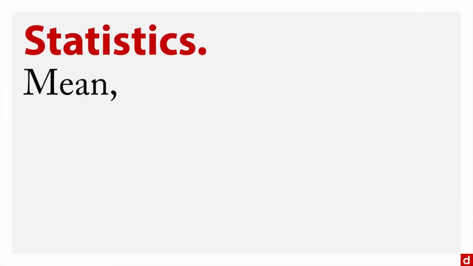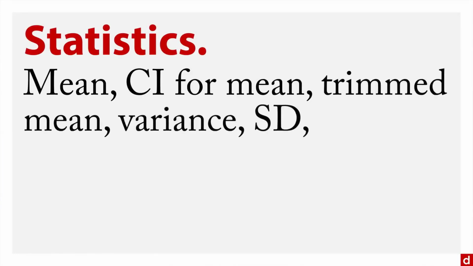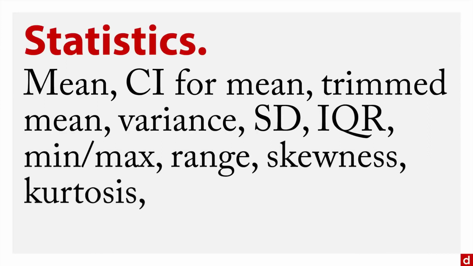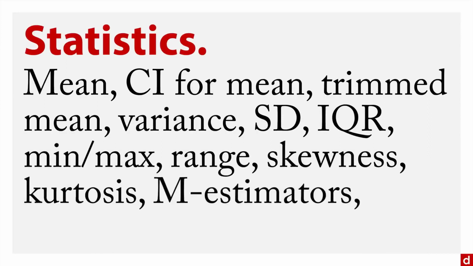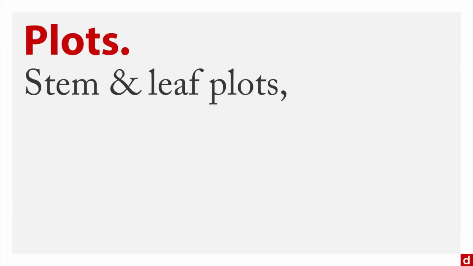It can give you the mean and the confidence interval for the mean and the trimmed mean, as well as the variance, the standard deviation, the interquartile range, the minimum and maximum, the range, skewness, kurtosis, a collection of M estimators, which are special robust ways for measuring the center of a distribution, percentiles, which we've seen before, and lists of outliers.